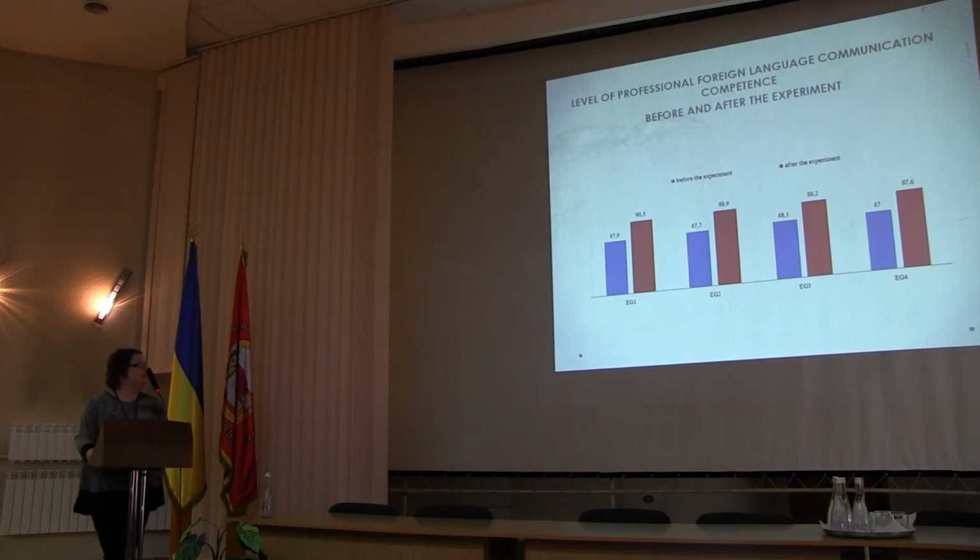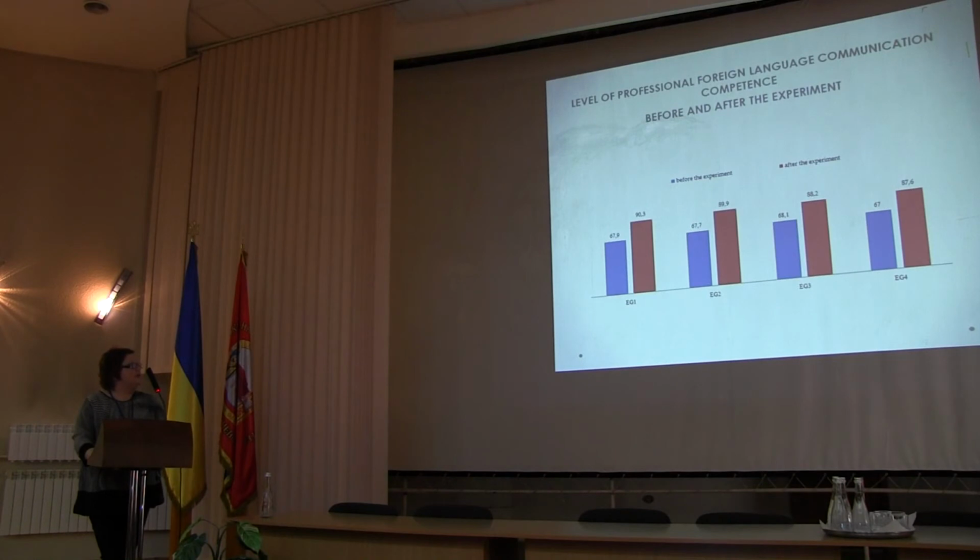We took the mean average of all the grades that were obtained by the students, and you see the first two groups, EG1 and EG2, these are the groups that participated in the variant 1 of the experiment with more information communication technologies included in the experiment, and AG3 and AG4, this was variant B with actually less information technologies included.